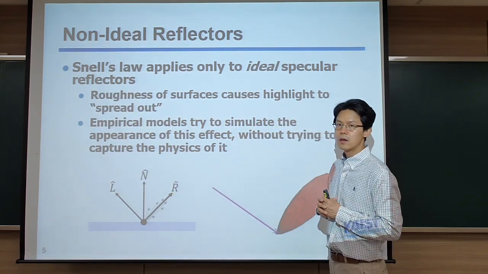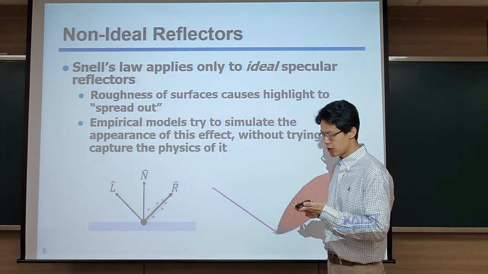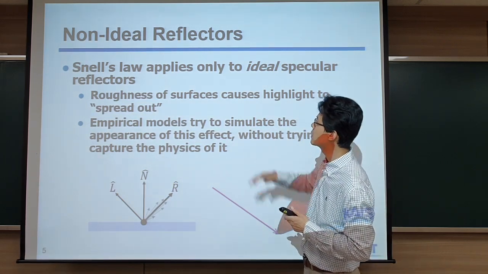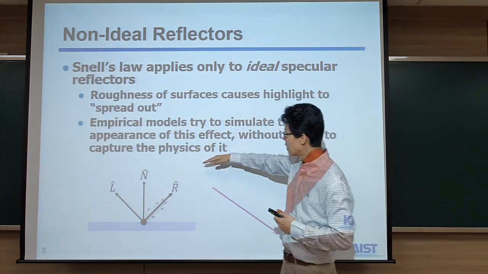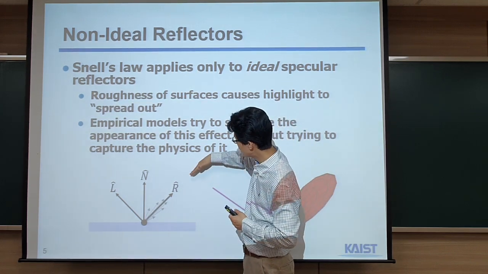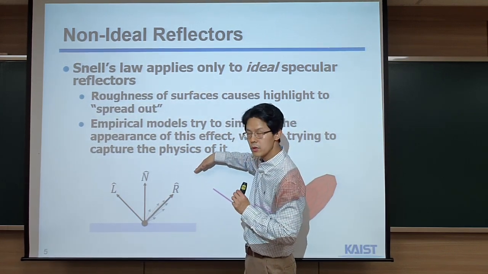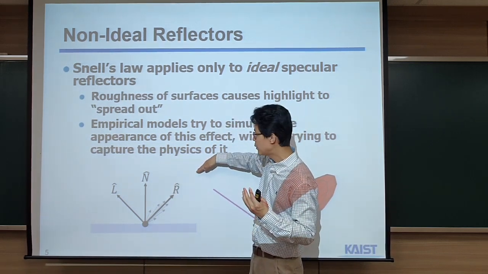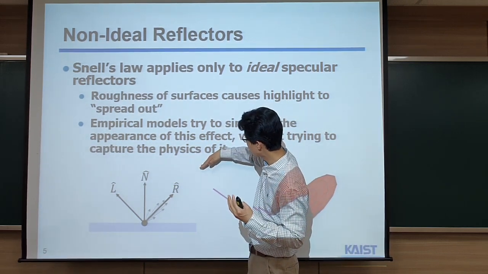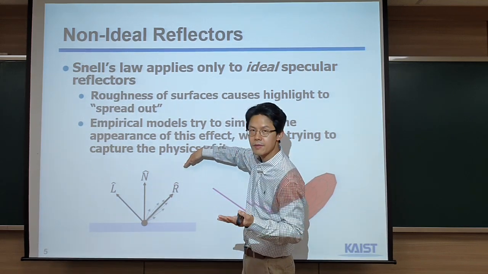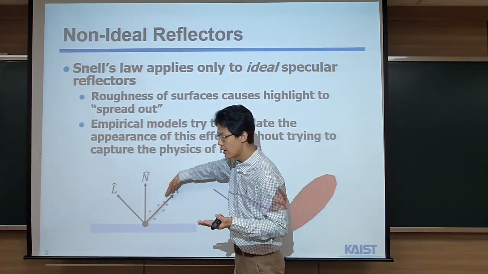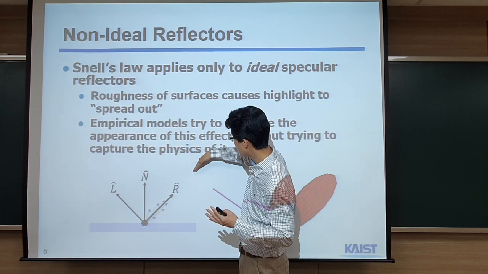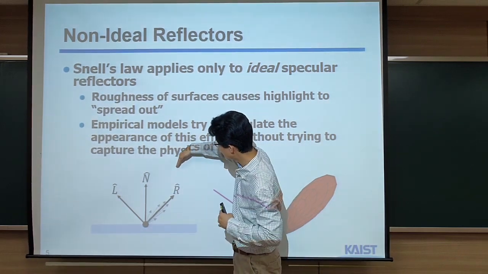But most common objects are not like the ideal reflector. When our view direction aligns with the R vector, we get a lot of energy. When our view direction is away from the R vector, we might get less energy, but we still get energy. As the viewing vector gets further from the R vector, we get less energy.